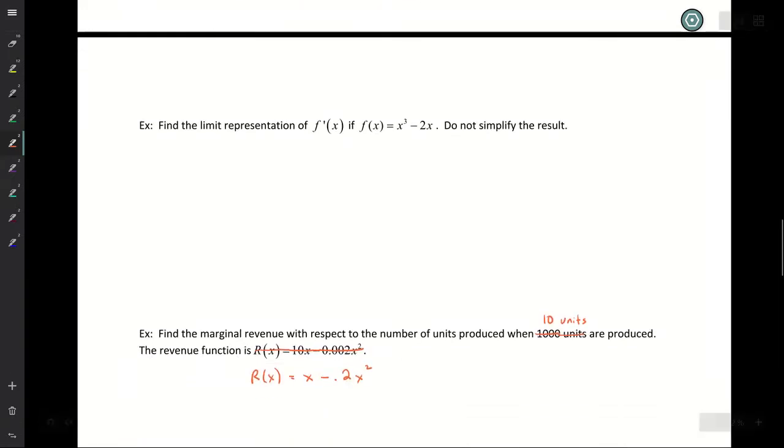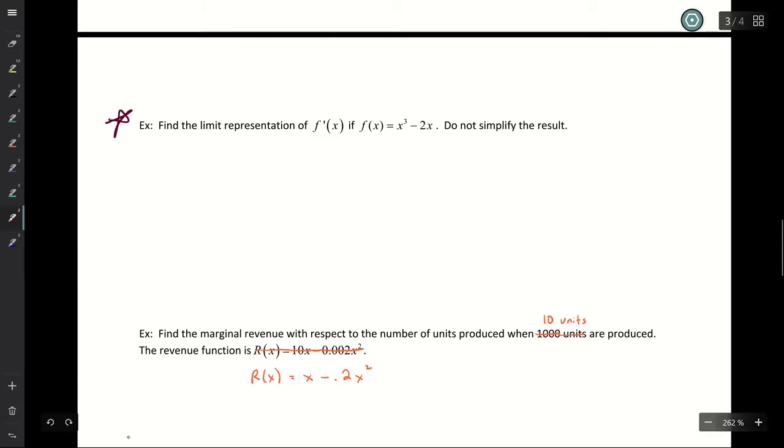Okay, this particular problem is a curious problem in that they just want us to set it up, but they don't want us to simplify. So it says, find the limit representation of f prime of x if f of x equals x cubed minus 2x. And then it says, do not simplify the result. If you've had calculus in high school, you may know that later on there's easier ways to take derivatives.